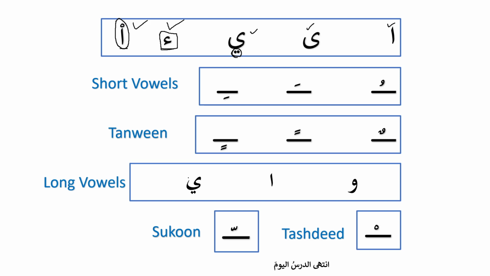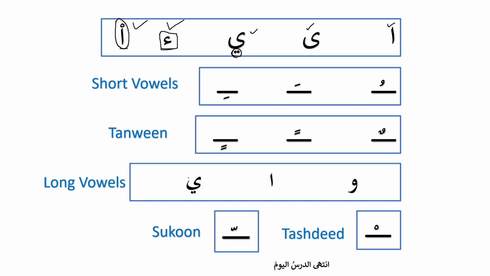I have one question. Sure. In Tajweed, when we read Kubra, you said this is a short alif, right? Yes, because the ya has no two dots. Excellent. But we read it as one harka.